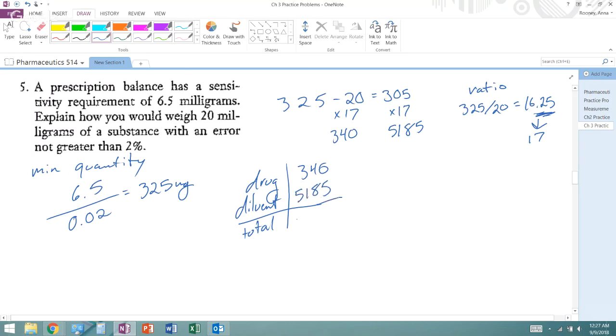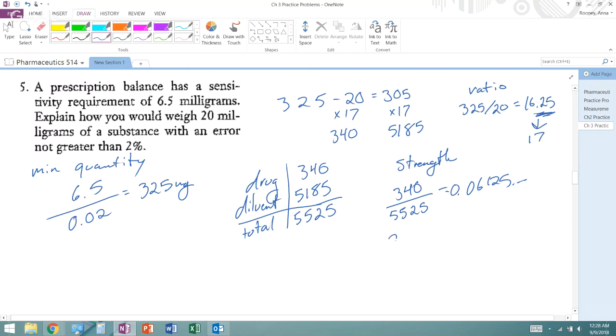And then our total would be 5525. Okay, and then we have to find our strength. And then that is 340 over 5525. And that is 0.06125. Okay.